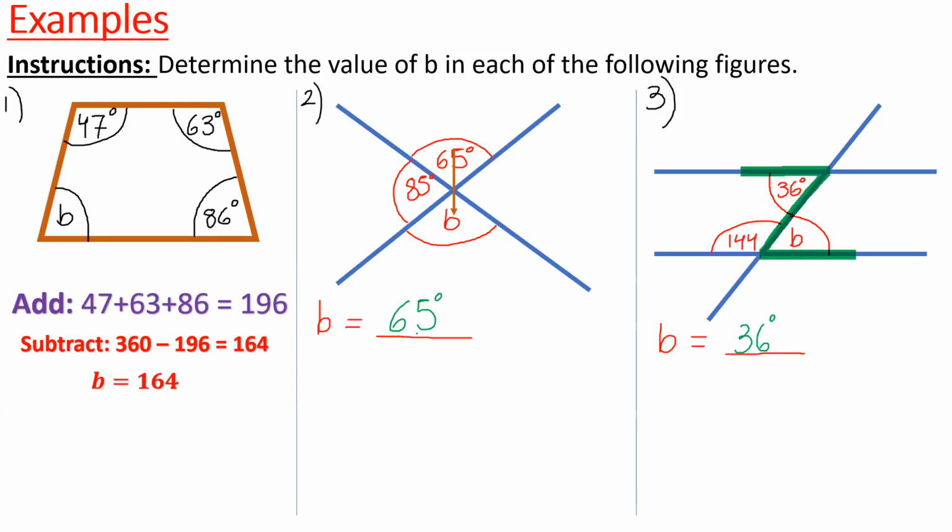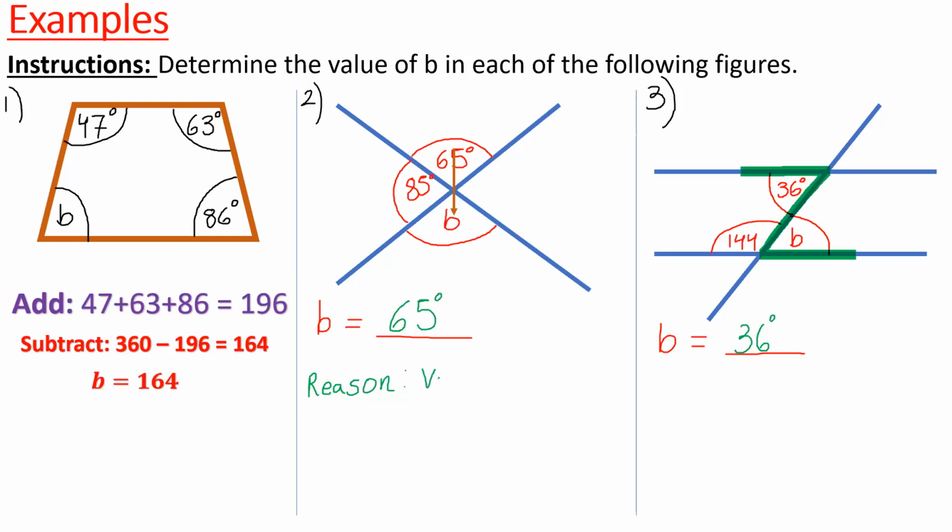What's the reason that B is equal to 65 for number 2? Vertically opposite.